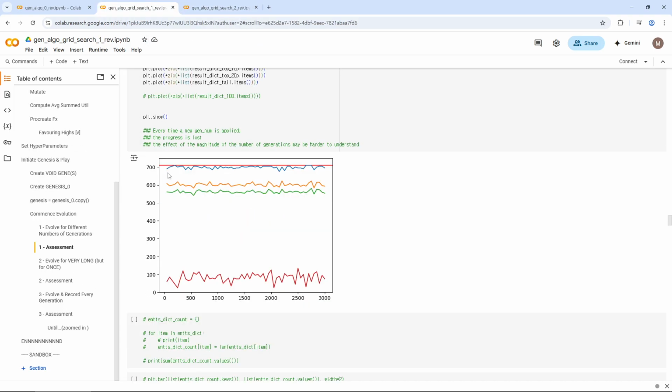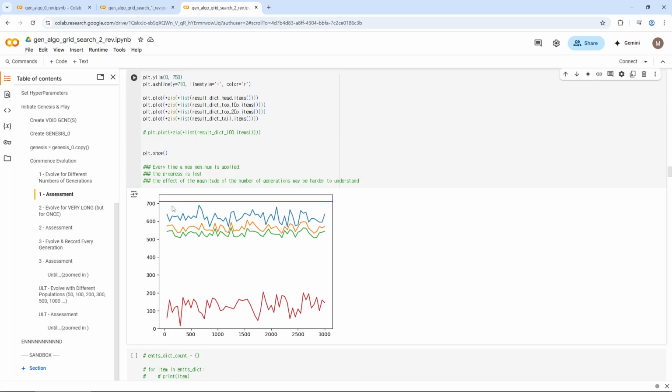Because when we had a population of 500, the heads used to be very close to 700, whereas here the highest one isn't that close. It's further away from 700 or 710.